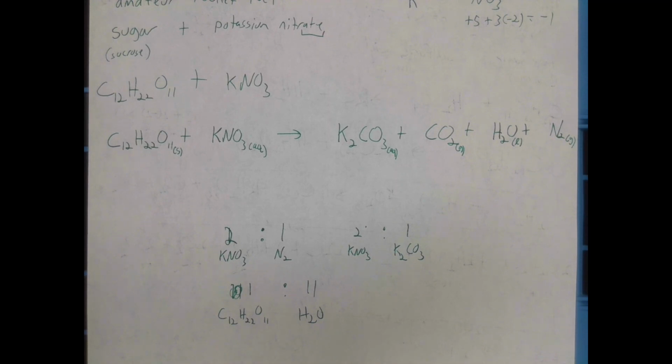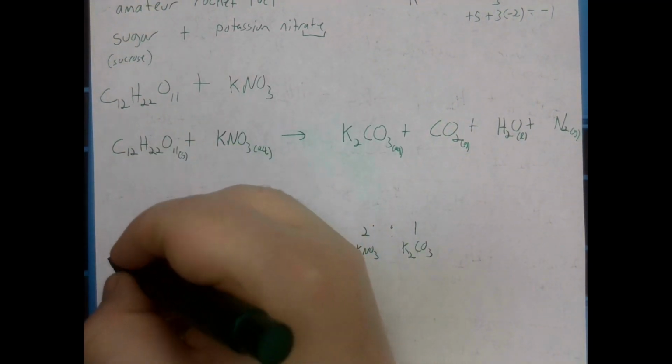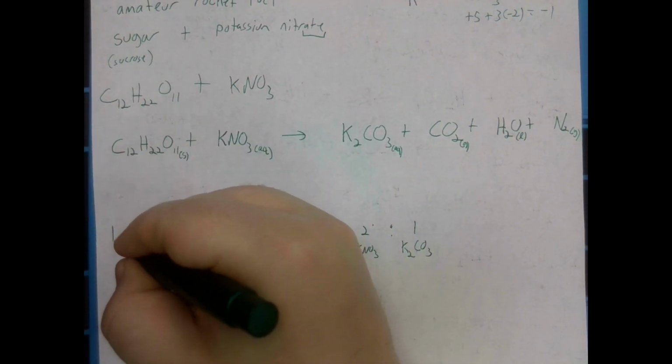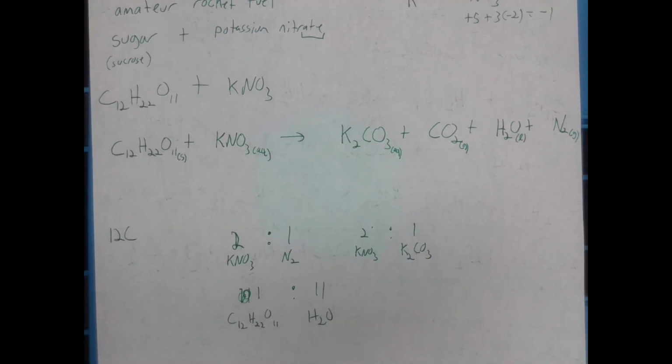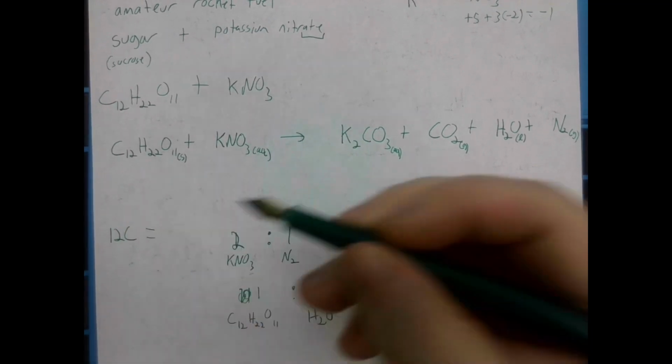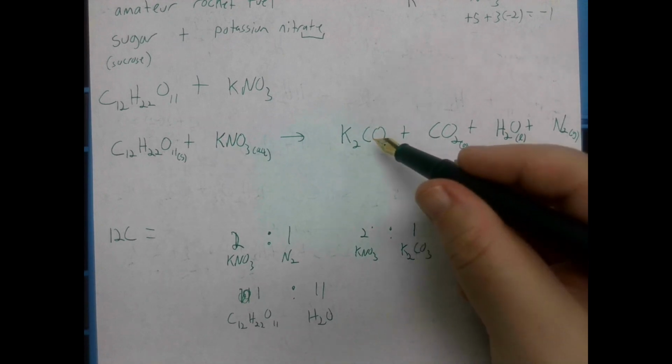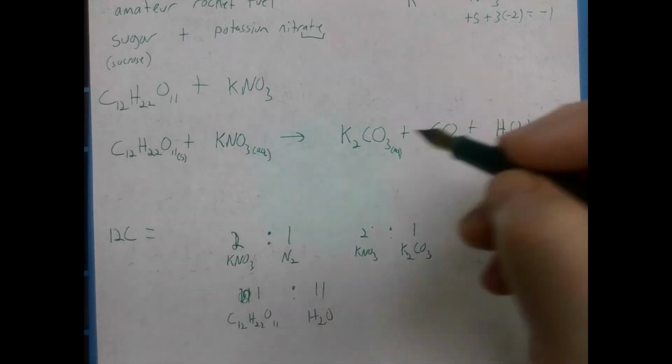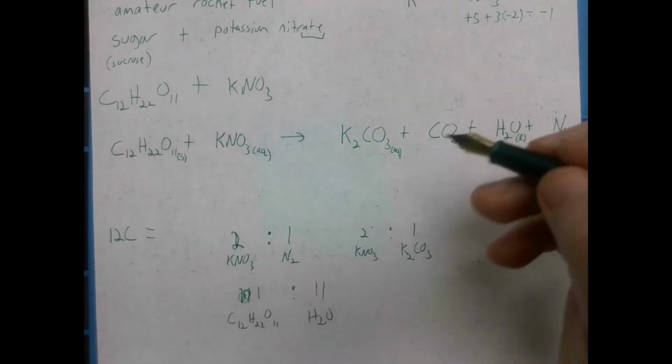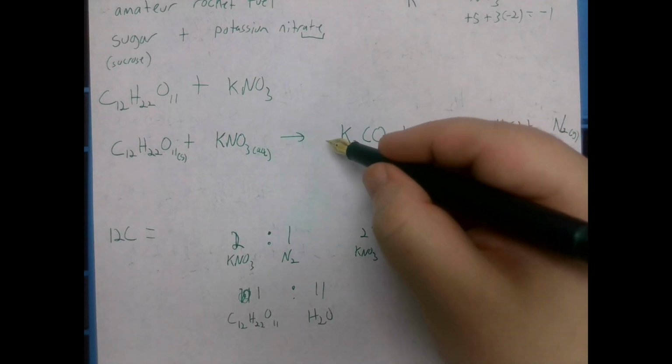Now we just need to balance carbon and everything will fall into place. So we have carbon appearing on the left. So I have 12 carbon. And that has to equal, if I look over here, 1 carbon.